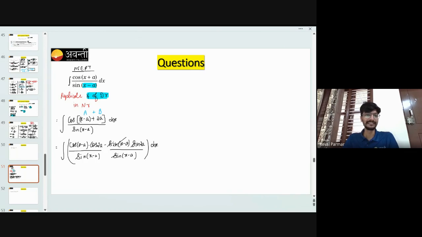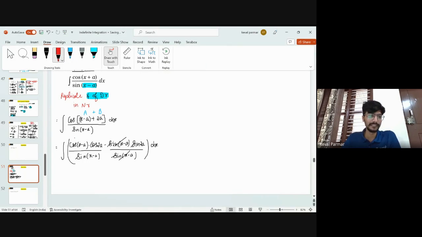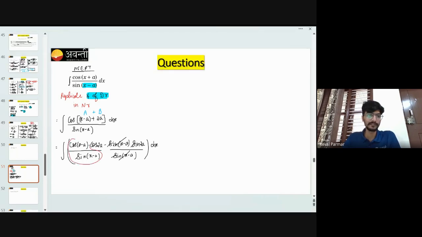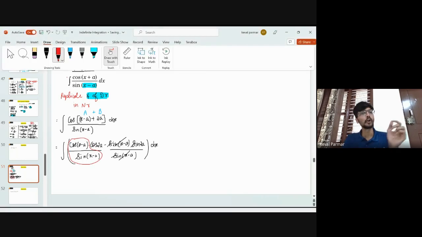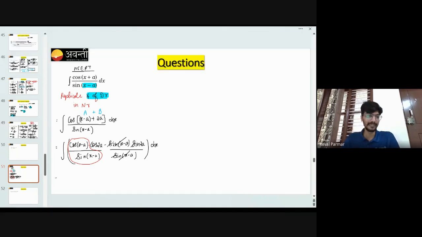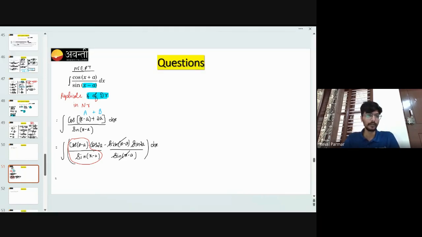Correct? Here, sin(x minus a) will get cancelled. And here, as you can see, cos(x minus a) upon sin(x minus a) will become cot(x minus a). So I can write it as cos 2a, which will come out because cos 2a is constant. Integration of cot(x minus a) dx minus, here sin 2a is constant so it comes out, sin 2a times integration of 1 dx.